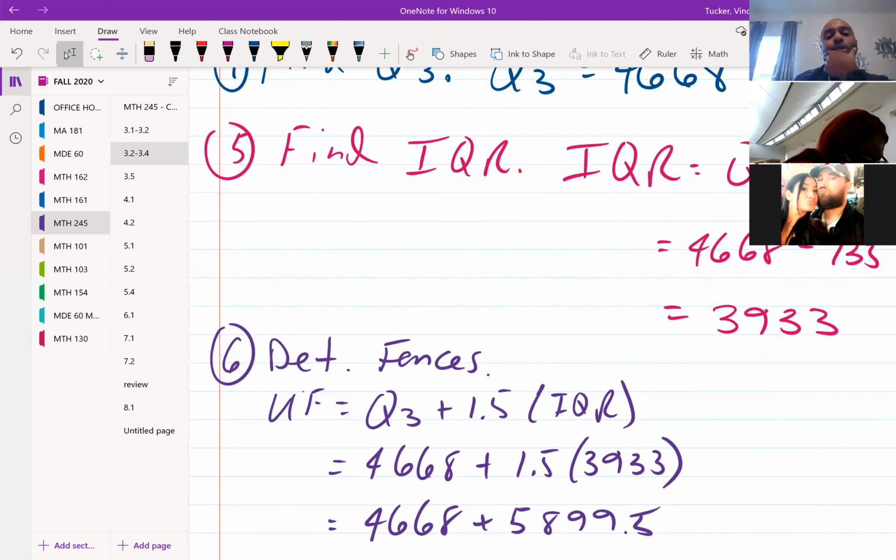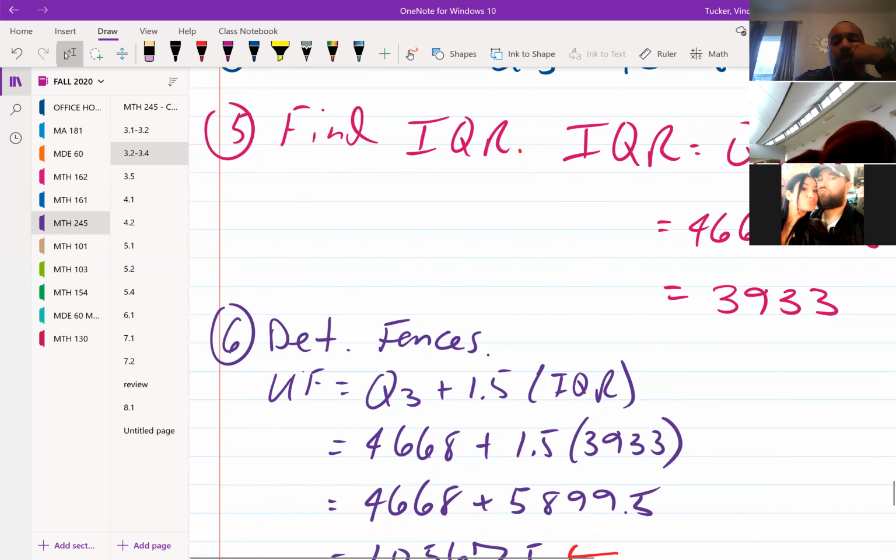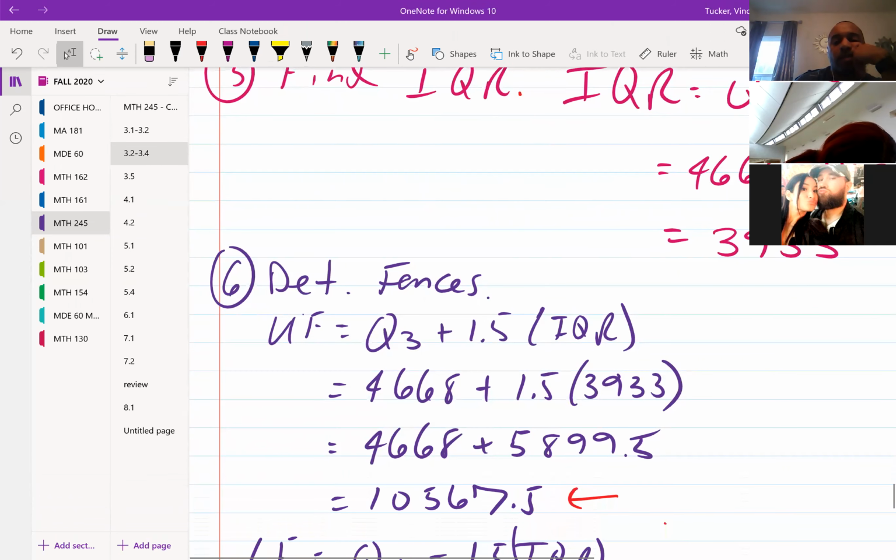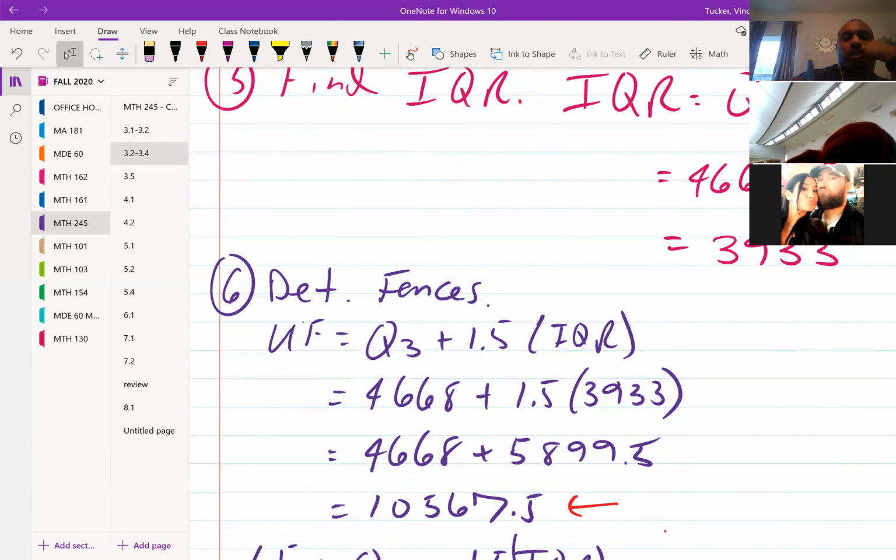So that's Q3, which is 4668, plus 1.5 times 3933. That was our IQR. That gives us 5899.5. And then that gives us this number right here, 10,567.5. So if any number is greater than that number, then it is an outlier.